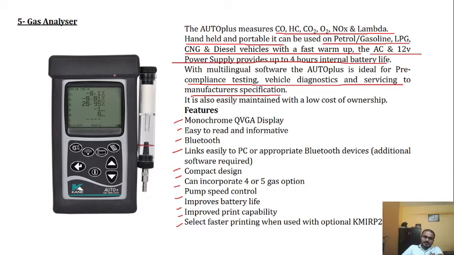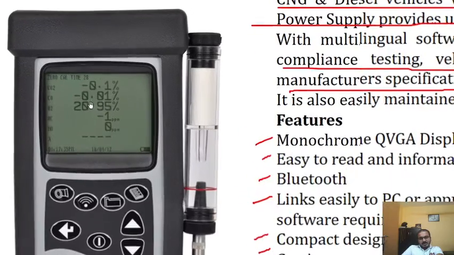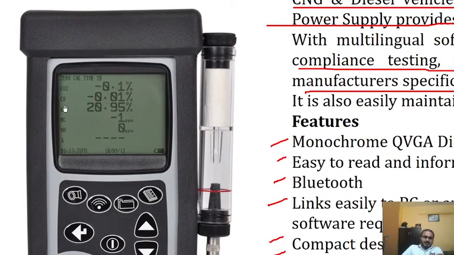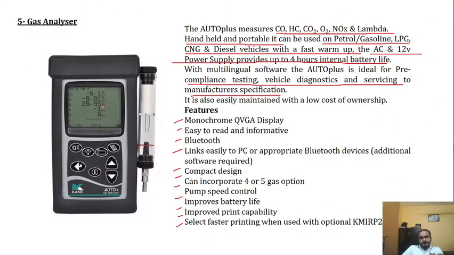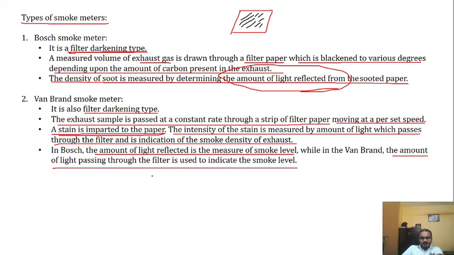We discussed a small example that gives us details like carbon dioxide, carbon monoxide, oxygen, hydrocarbon, nitrogen oxides and lambda. This is the probe, and it is a handheld battery operated 5-gas analyzer.